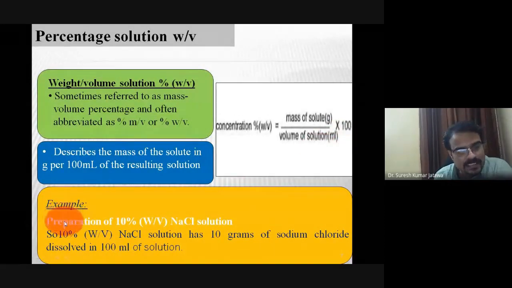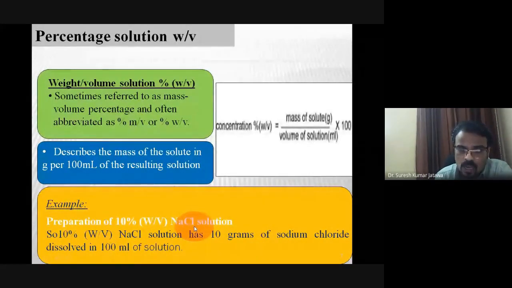Here you can see an example, preparation of 10% weight by volume NaCl solution. So how will you prepare 10% weight by volume? First you have to calculate what is the 10% of the total solution. How much are you preparing?